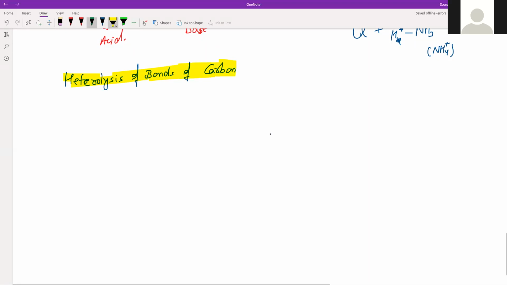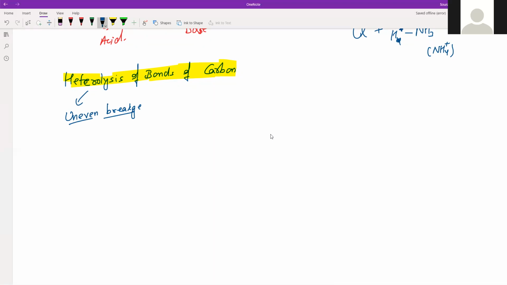So what does it mean? Hetero means different or uneven, right, and lysis means breakage. So it is uneven breakage of bonds of carbon in the compounds.